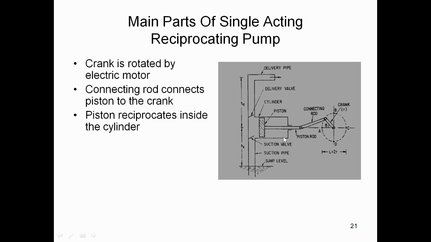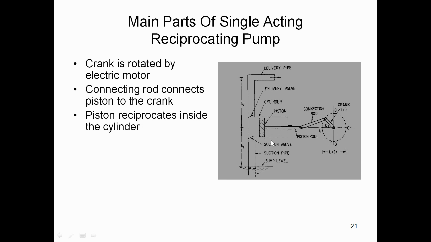As the crank rotates, the piston will reciprocate inside the cylinder. So the to and fro motion of the piston creates suction and compression inside the cylinder. So what is happening when the crank rotates?